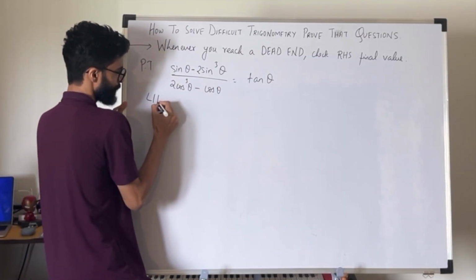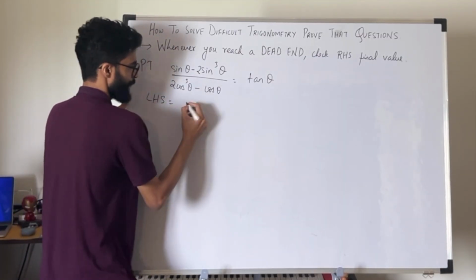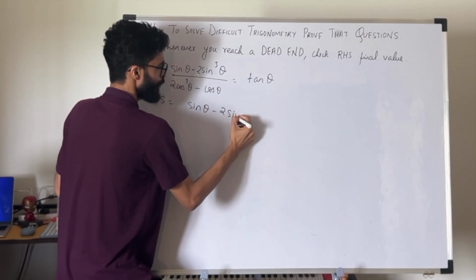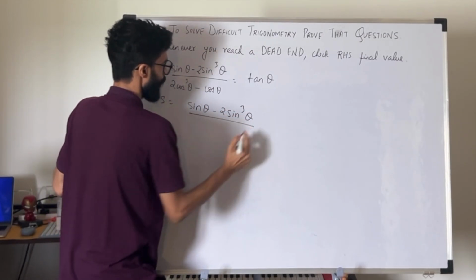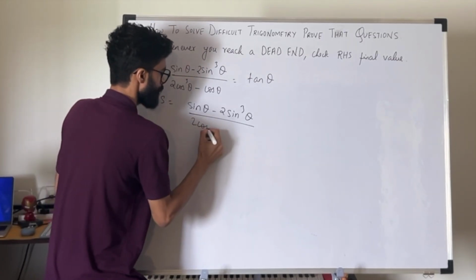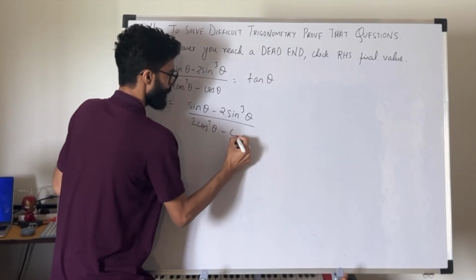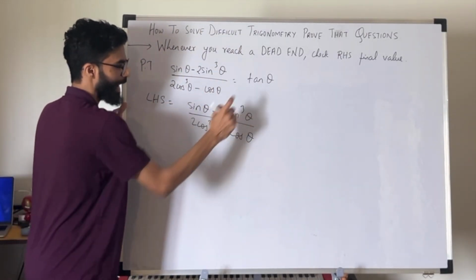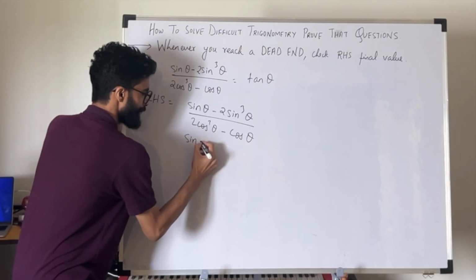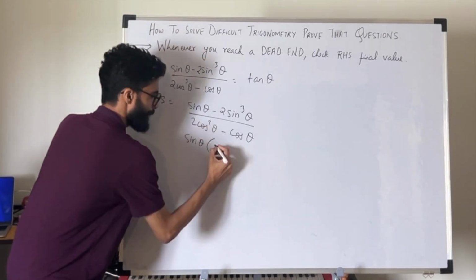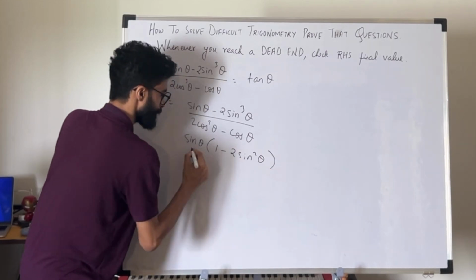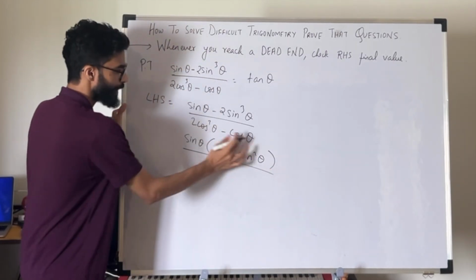I will take LHS equal to sin theta minus 2 sin cube theta upon 2 cos cube theta minus cos theta. Now since I need to make tan theta, can I take sin theta common? I am getting 1 minus 2 sin square theta upon, can I take cos theta common?